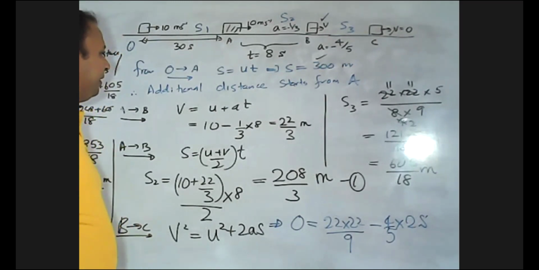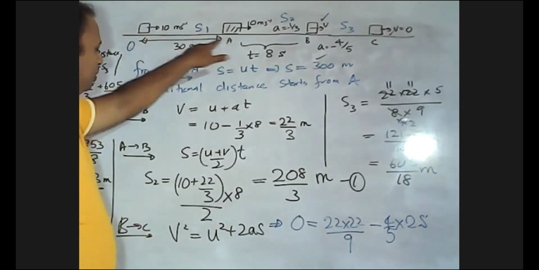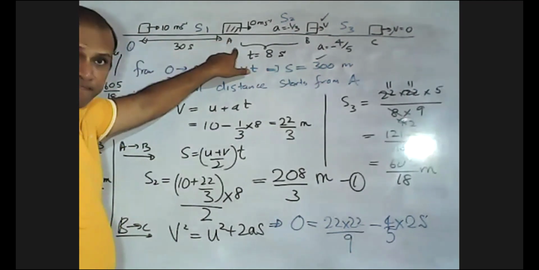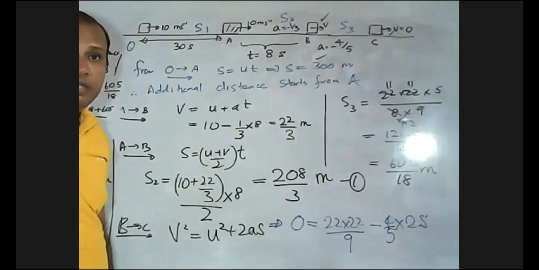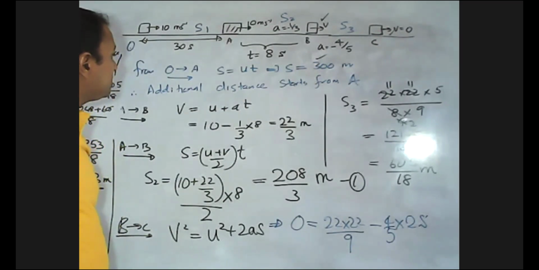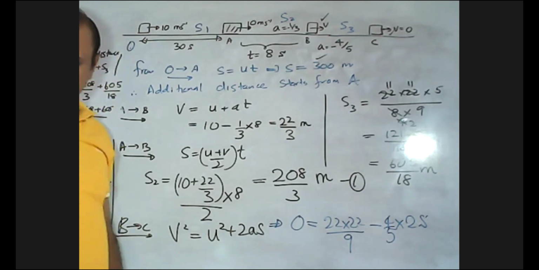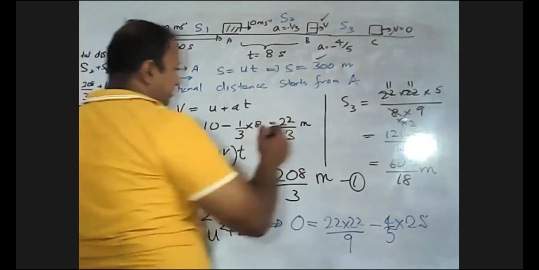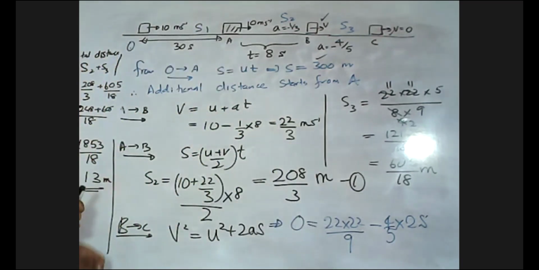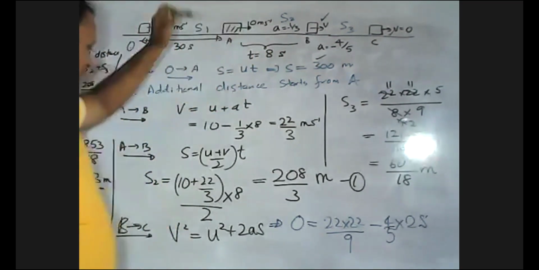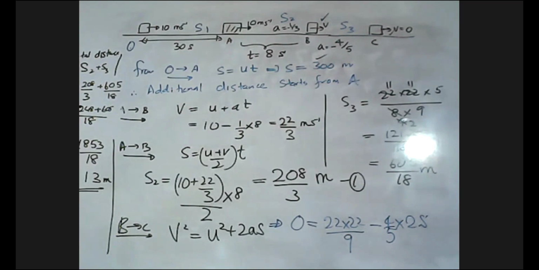Okay, initially, what did I do? I applied v equals u plus at here, then got the v value in this section. Then I applied from A to B, s equals u plus v over 2 times t.